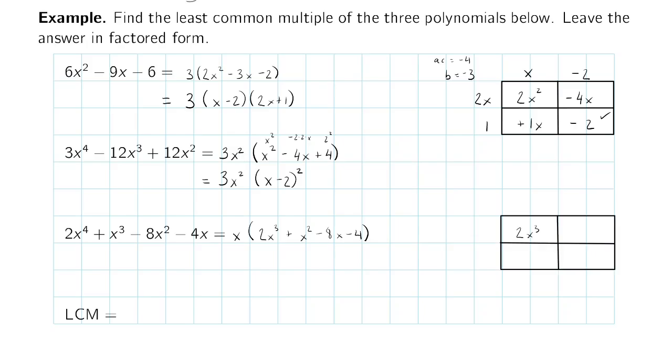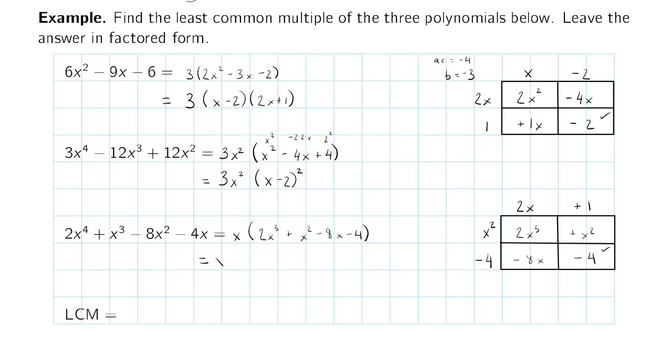My first row, I think I have a common factor of x squared, which I need to multiply by 2x to get 2x to the 3rd. I need to multiply it by 1 to get x squared. 2x times negative 4 is negative 8x. And then negative 4 times 1 is negative 4.